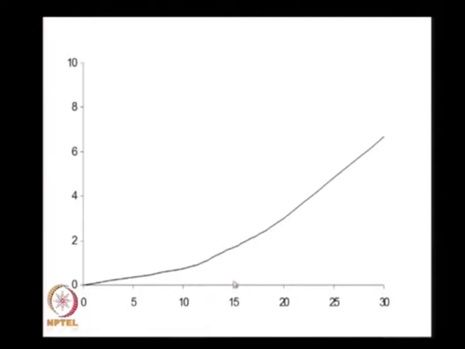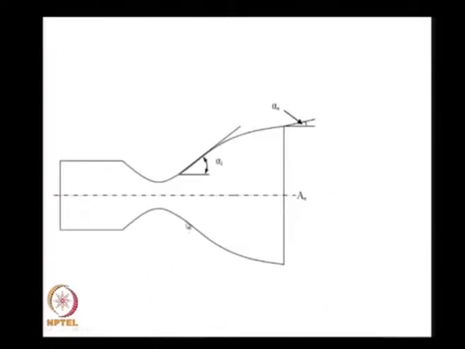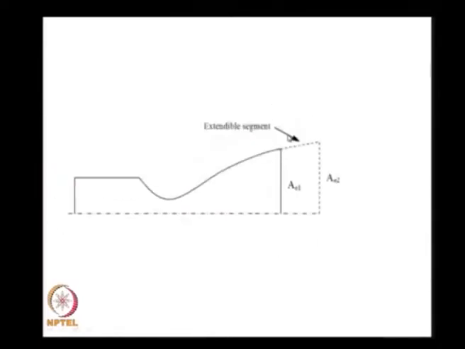We told ourselves the nozzle half angle is around 15 degrees or so for a conical nozzle. We talked in terms of a contour nozzle. We told ourselves instead of having a cone, I initially expand the flow to alpha I between 20 to 15 degrees, and then bring it back. I have a low angle over here at the exit of something like 2 to 5 degrees or so. Smaller the angle at the exit, smaller is my loss.